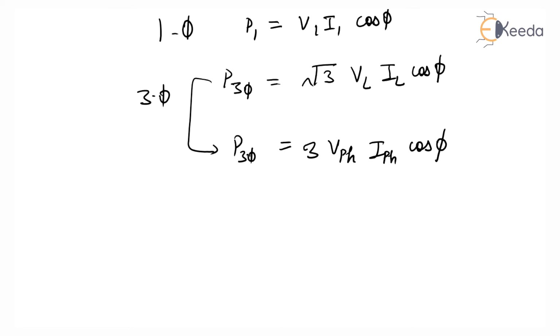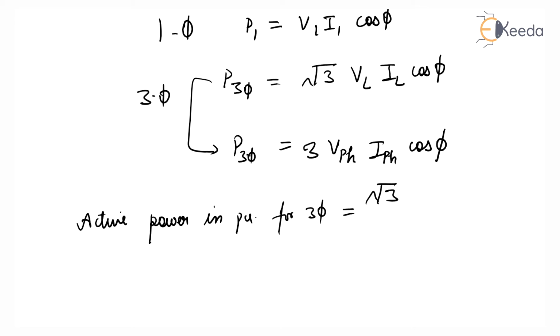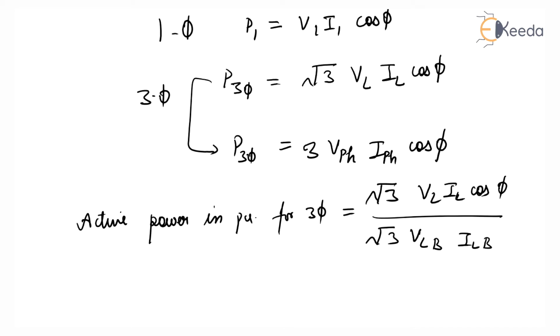Now active power in per unit for three phase is equal to root 3 VL IL cos phi upon root 3 VL base IL base, actual upon base quantity.